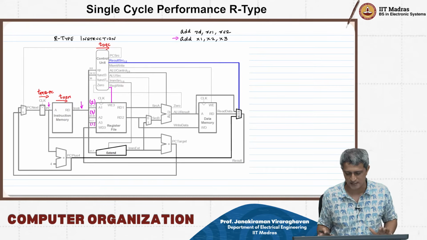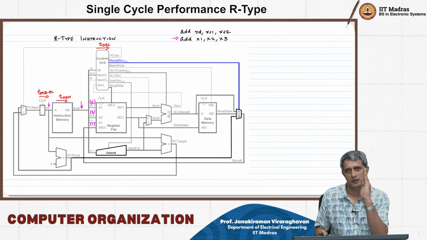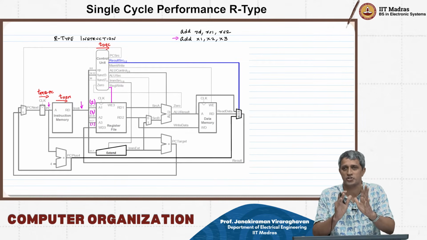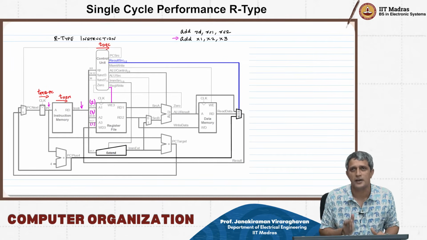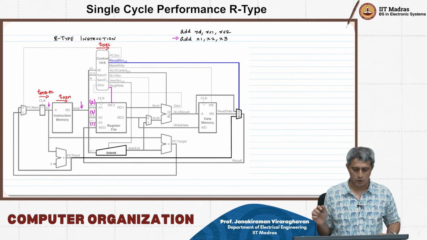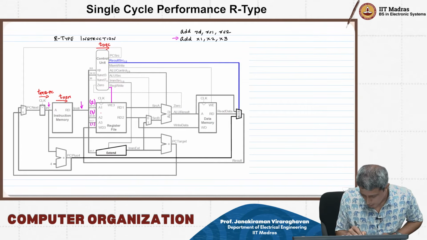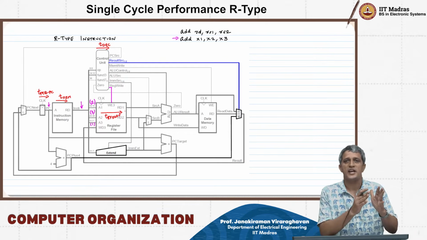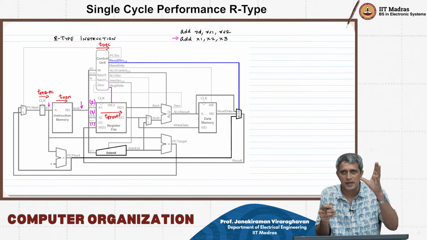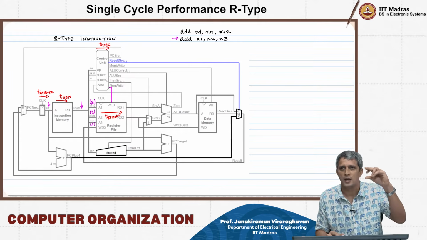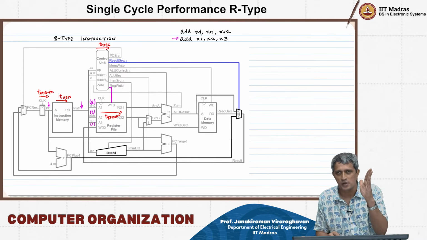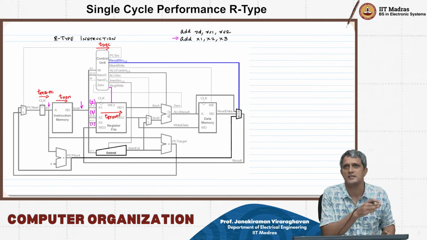So all of this is nicely set here, and these signals are set correctly after a time of T decode from the time the instruction is available to the control unit and the register file in parallel. Okay, so now what's going to happen, you're going to take a time of T RF read to read the data, to take the address of the two registers, A1 and A2, which happens to be 2 and 3 respectively in this case, decode the address, turn on the tri-state inverter, and that is the RF read time.